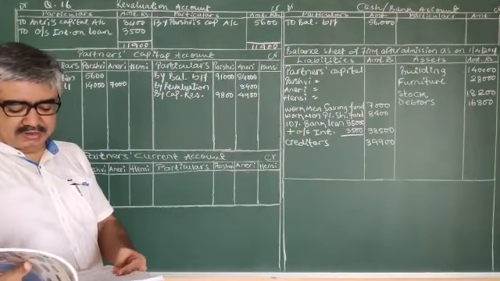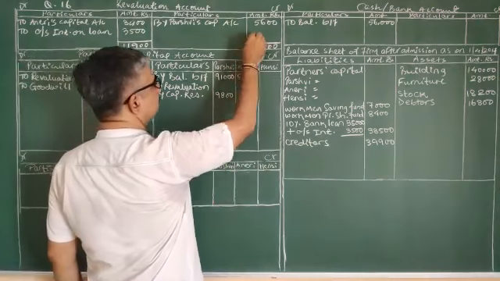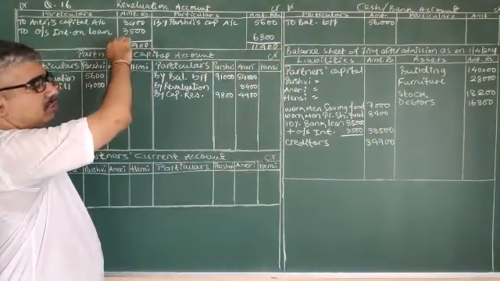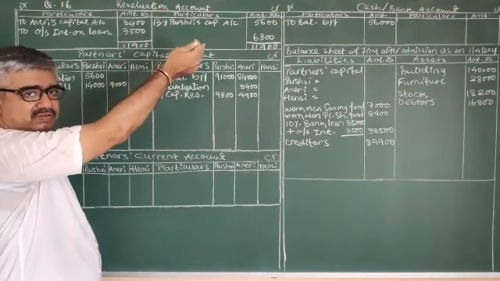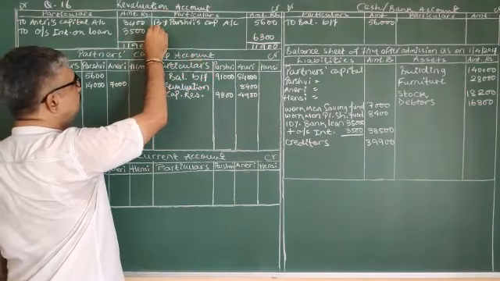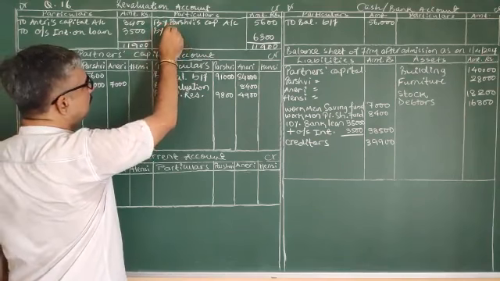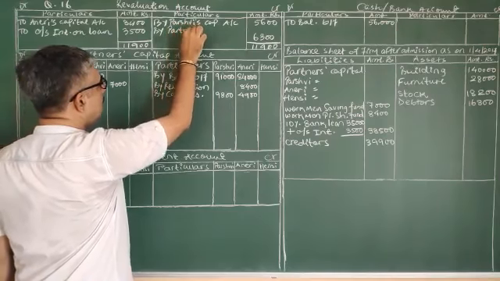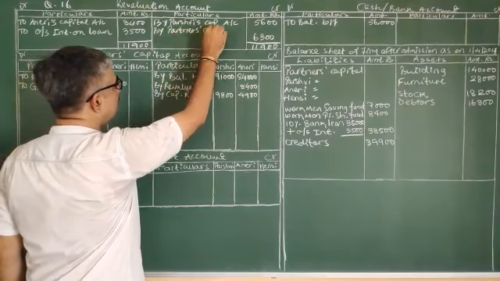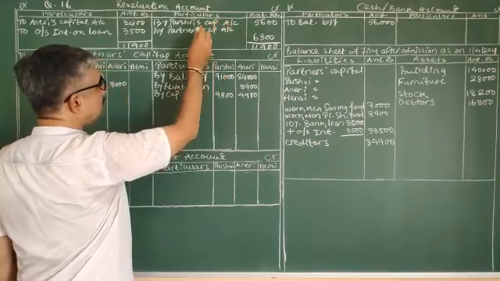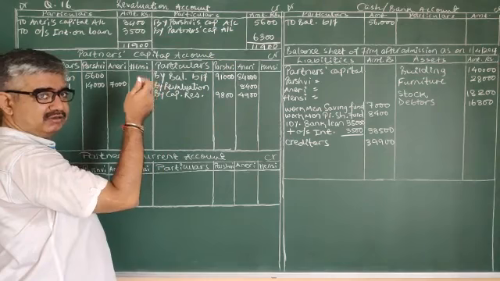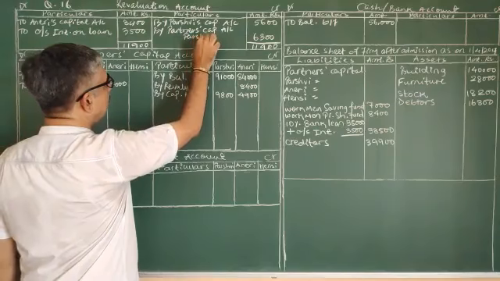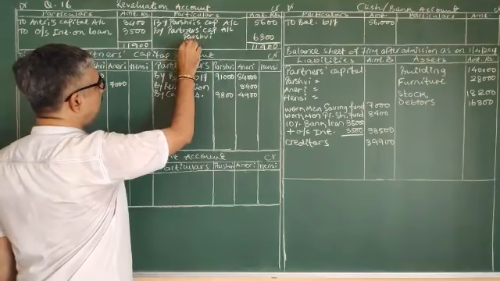The difference is 6,300. Here the debit side total is more, so we are in loss. Clear? By partners' current capital account, both names, only old partners, old ratio, Shri and Anil.